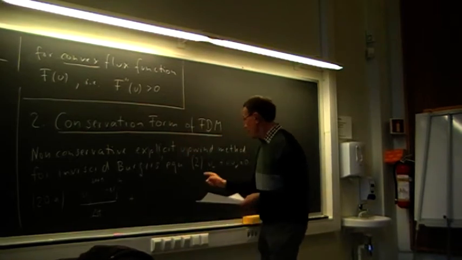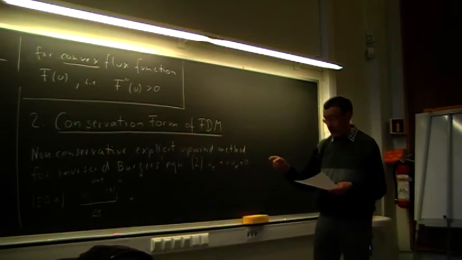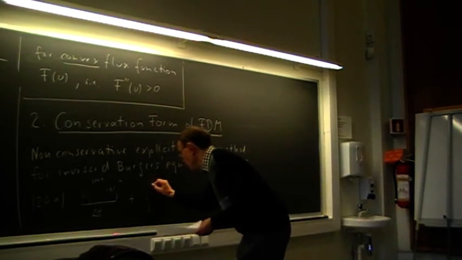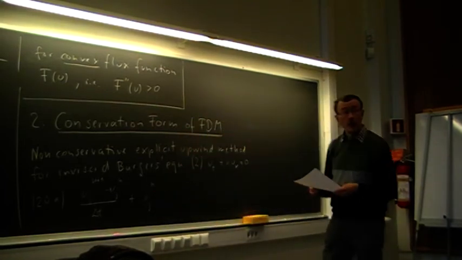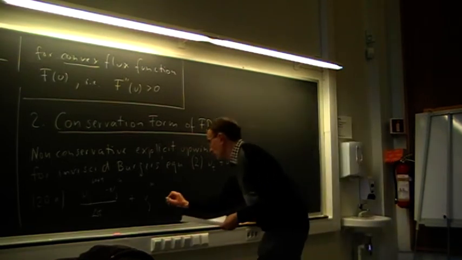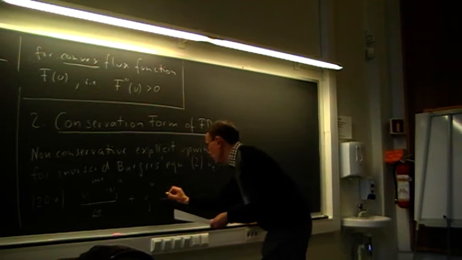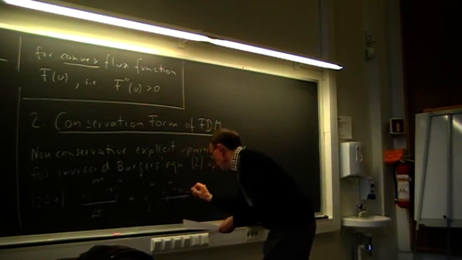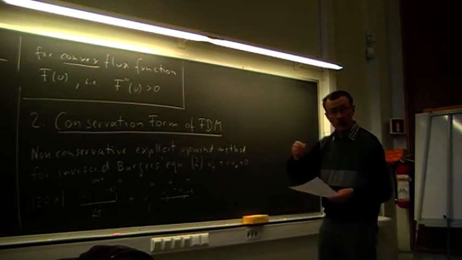And if u_j is positive, we take the discretization from the left, from where the wind is coming.